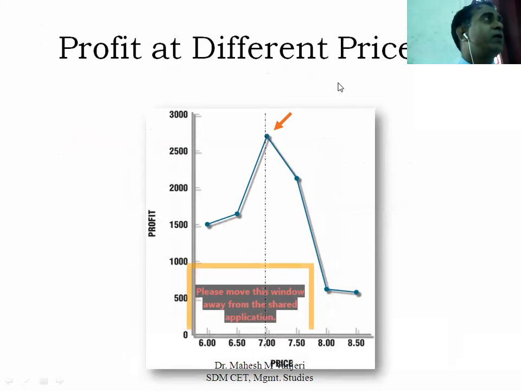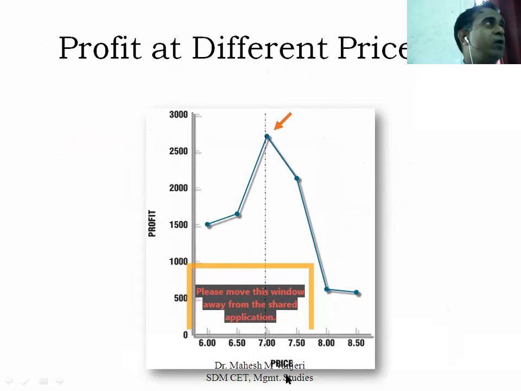Then profit at different prices. Again, the same second part of the graph. At $6 per unit, the profit is somewhere around $1,500. As the price goes on increasing, the profit, up to a certain point, goes on increasing.